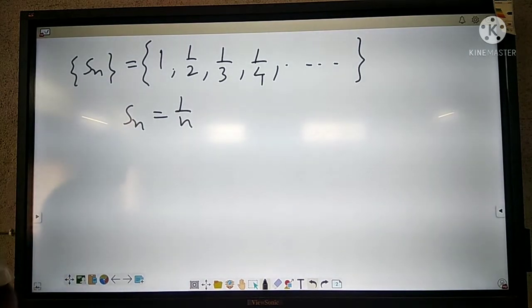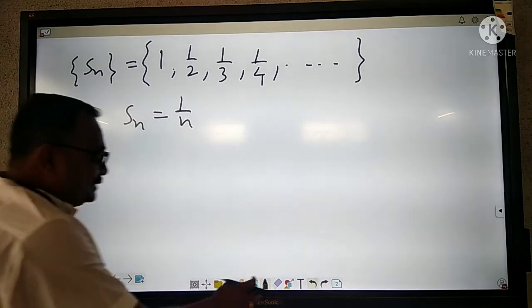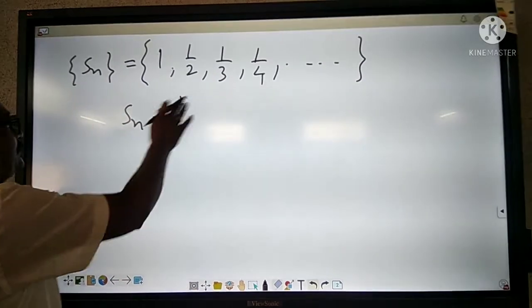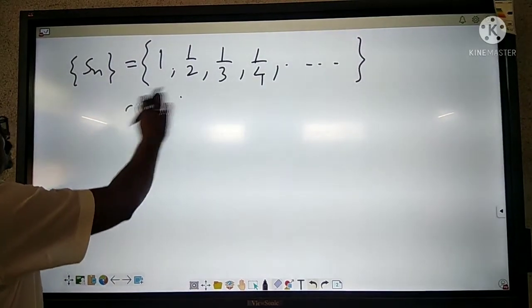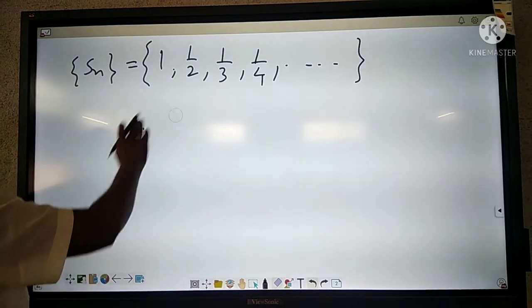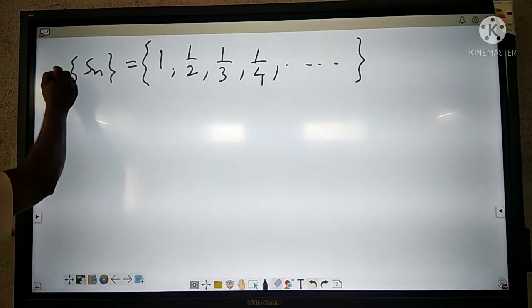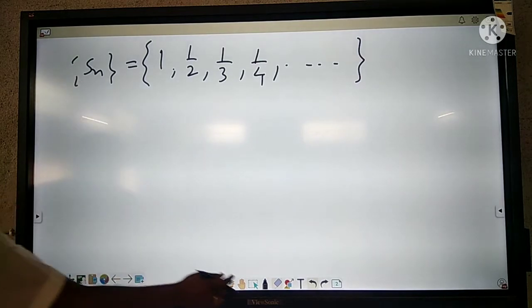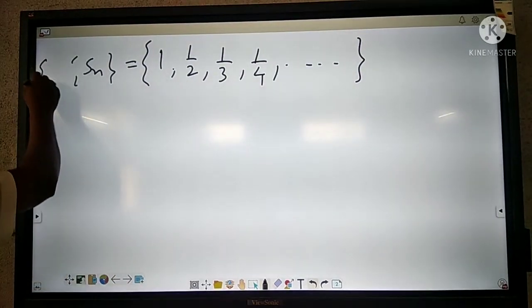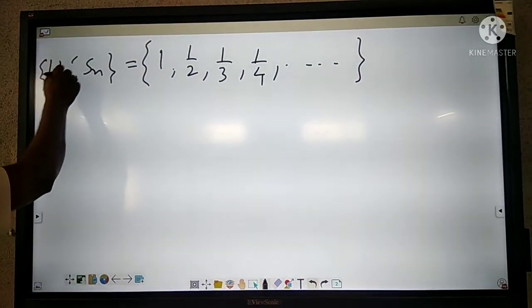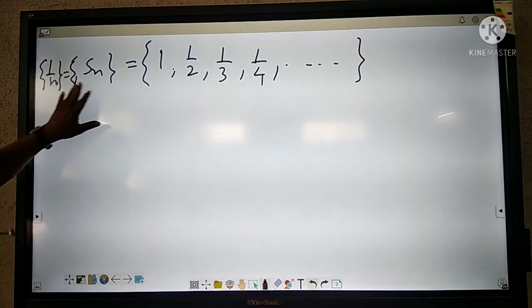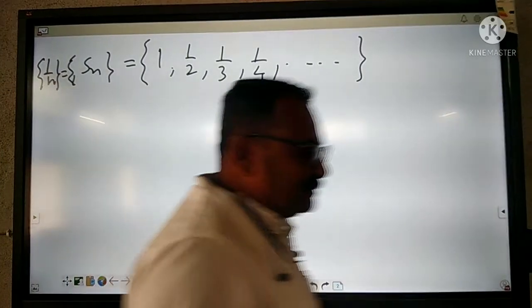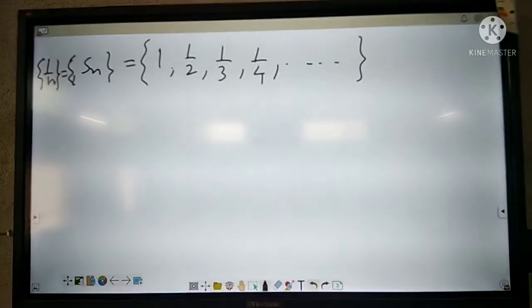Now see what the limit of the sequence actually is. So suppose this is the sequence Sn; we can write this sequence as bracketed 1 upon n. Instead of Sn we use the sequence 1 upon n.